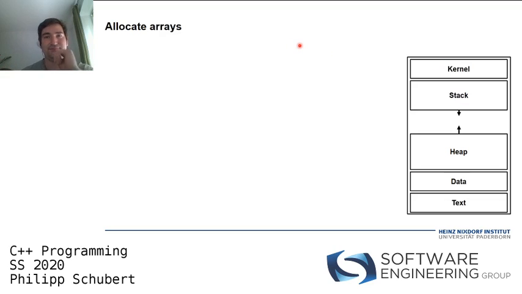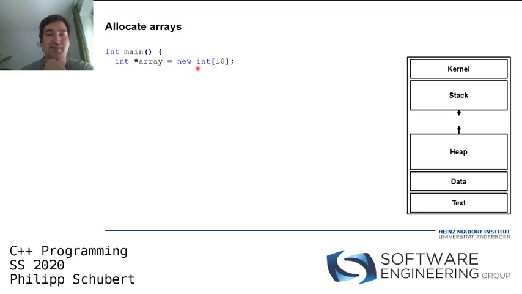All right. So that was an individual object, an individual integer. Now we have to check how it works for arrays. Sometimes you need to allocate arrays. So what you can do is use the array new. So here you tell it, using the new keyword, the array new, please give me 10 integers.